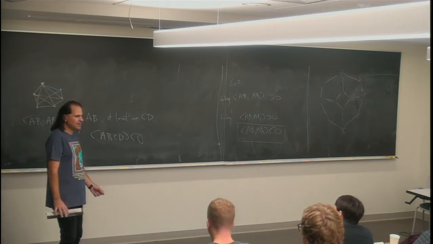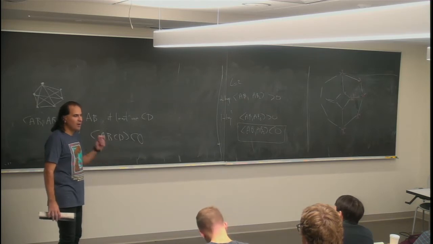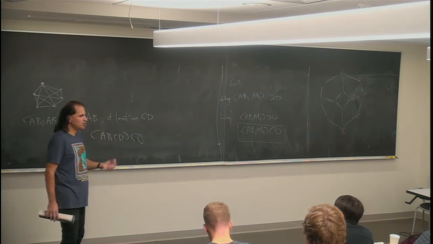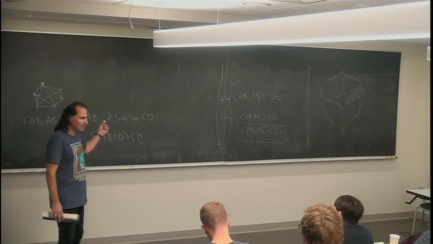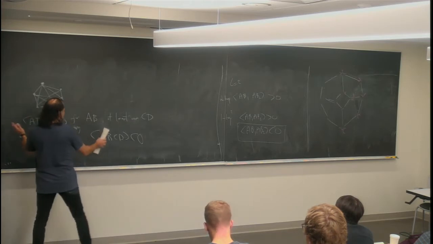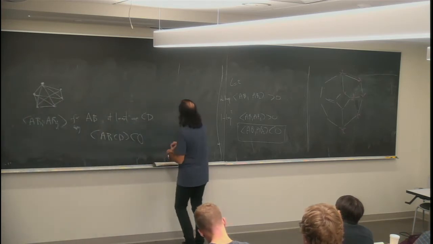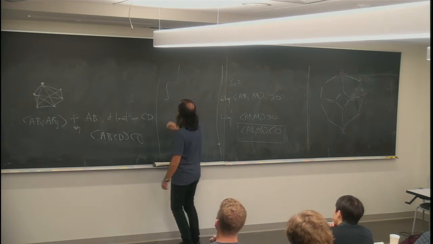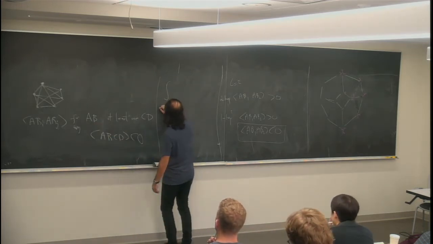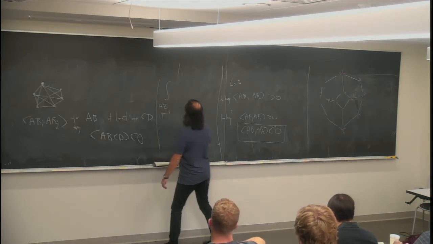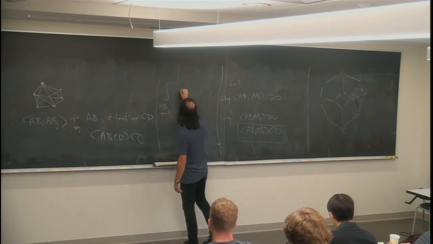And this gives us a set of objects that we can explore in N equals 4 super-Yang-Mills that are polylogarithmic functions of a single variable, which I'll now explain. So what I want to do is take any one of these regions, and I'm going to choose any one of the lines AB to be special. So I'm not going to integrate over that line, but I'm going to integrate over all the rest of them.